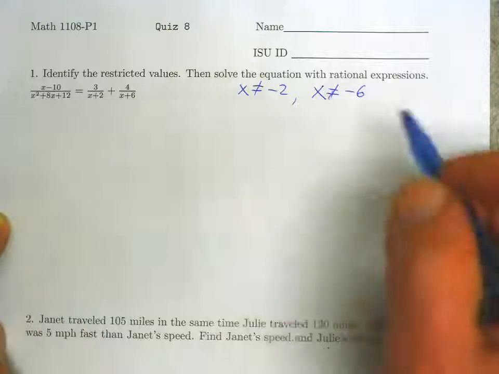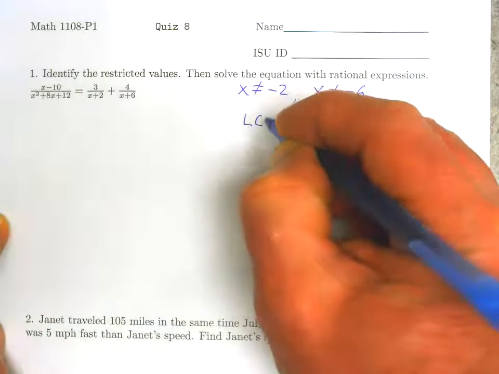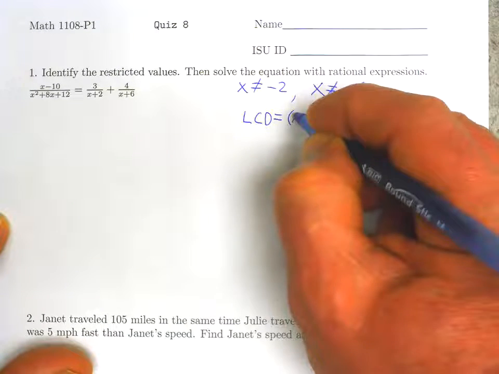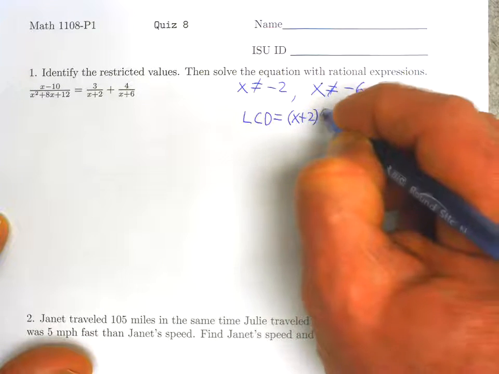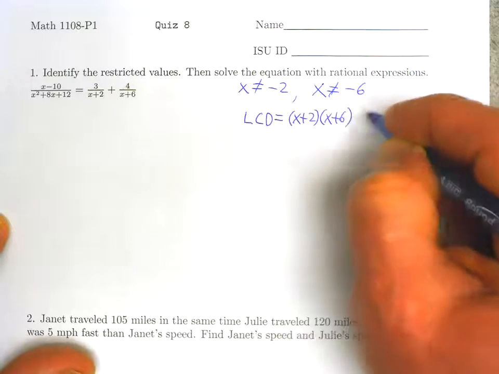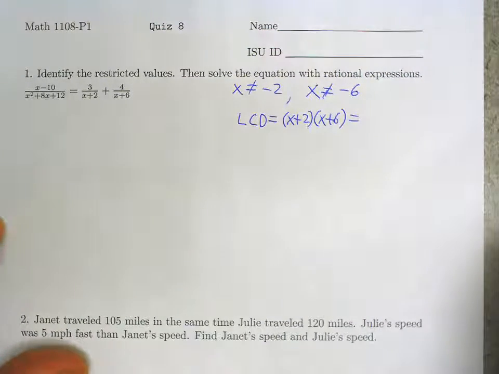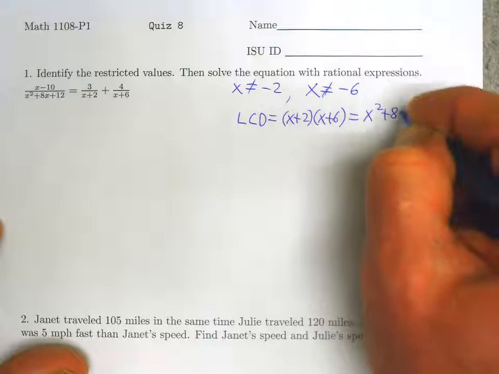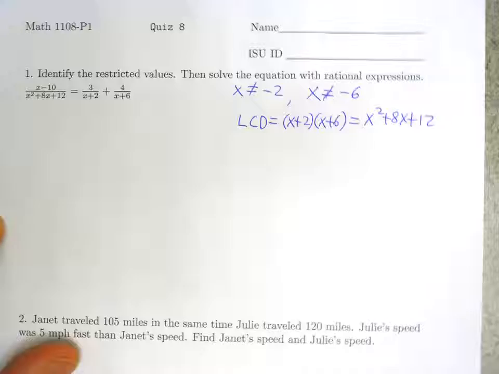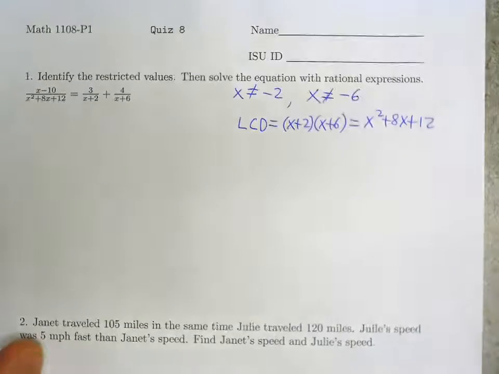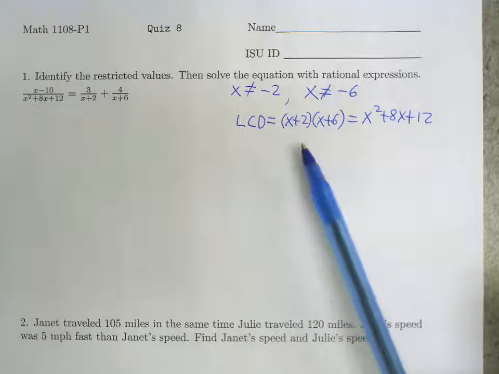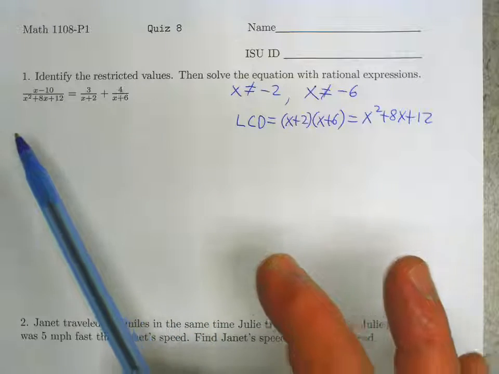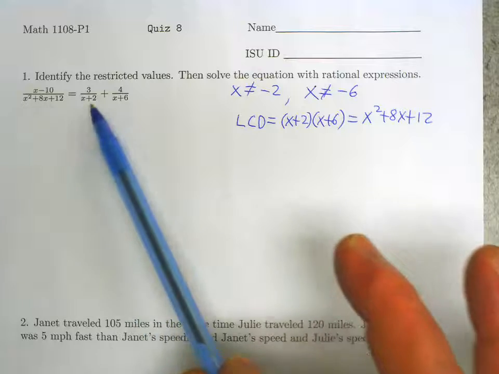So you can write the least common denominator in factored form, as x plus 2 times x plus 6. If you prefer, you can write it in expanded form, x squared plus 8x plus 12. Okay, the whole reason that we're finding the least common denominator is so that we can get rid of the denominators from this equation.